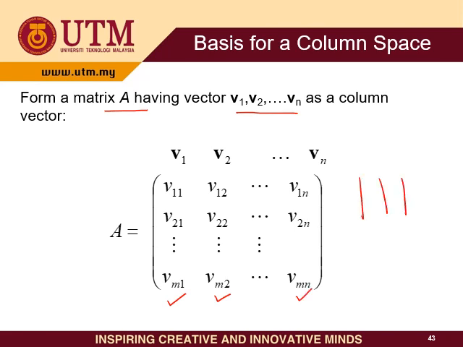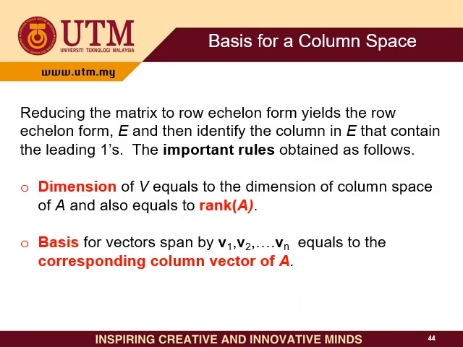Instead of before, where we made it into rows, now because it's column space, we make it into columns. By reducing the matrix to row echelon form, it yields the row echelon form E. Okay, you get your E, and then you can identify the columns in E that contain leading ones. So E is basically your row echelon form matrix.